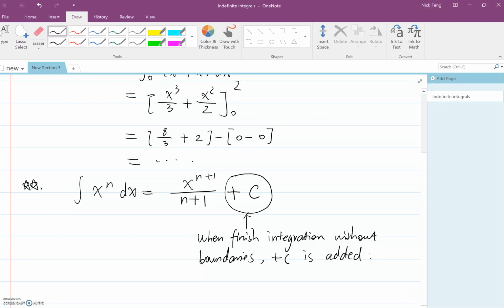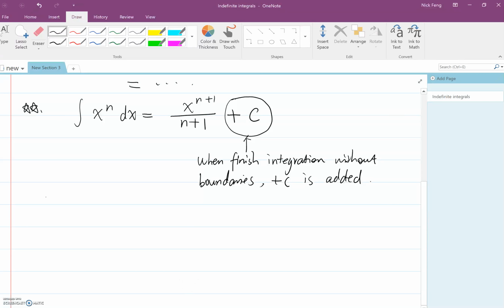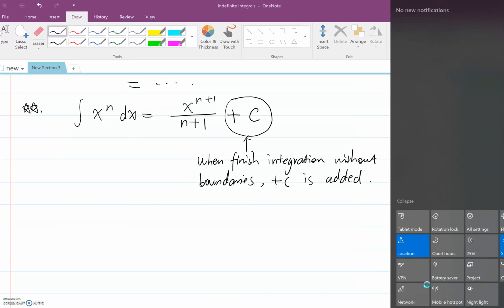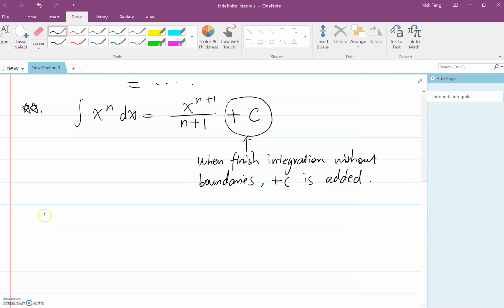Now, why do we have such thing as plus c? Let me show you a very simple example. So for example, if I want to ask you y equals x squared plus 3x plus 5, let's find the derivative.